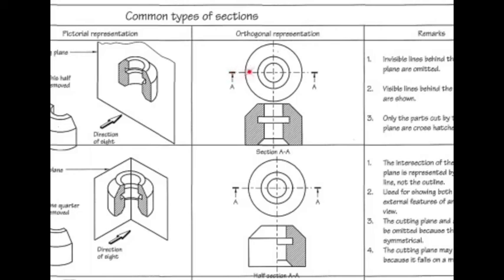So if you were to cut through this object, discard this piece, turn it so that you could actually view it from the bottom, in other words from this direction, you would see what's left over here, and these hatched lines would indicate where the saw had actually cut through the material, and the hard lines show the shape that is visible to you once you have now cut into the object.